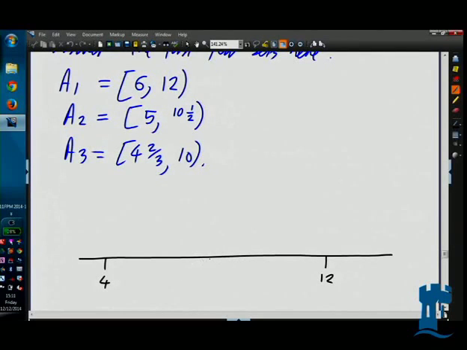Let's see, 4, 8, 12, 6, 10. Okay, that should get us started. We might need 5. I'll put in 11.